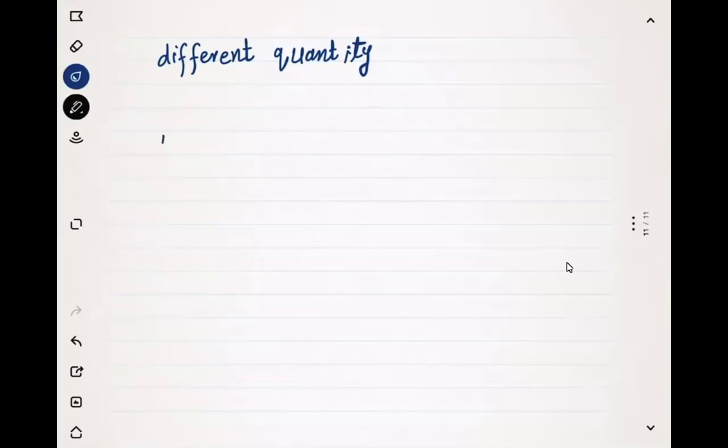Quantity number 12 is stress. When we extend something, then the pressure is replaced by another quantity, that is stress. We will not discuss this quantity a lot right here.